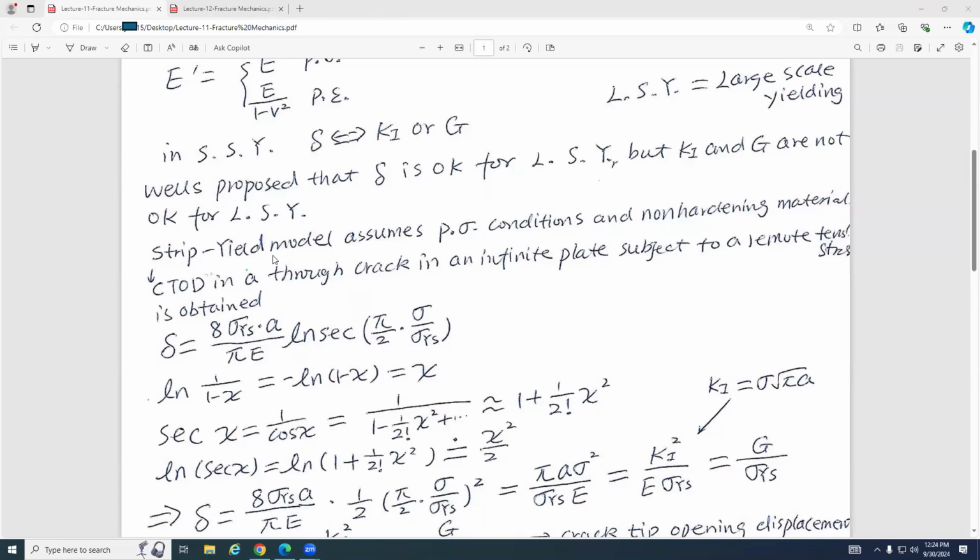So 1 over 1 minus x equals 1 plus x, and all other terms I just omit. I only keep the big term, 1 plus this bigger term. Then I take the log of secant x.